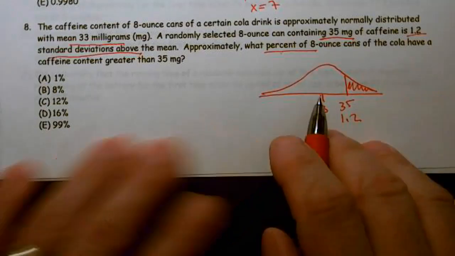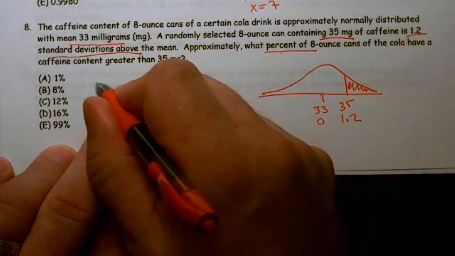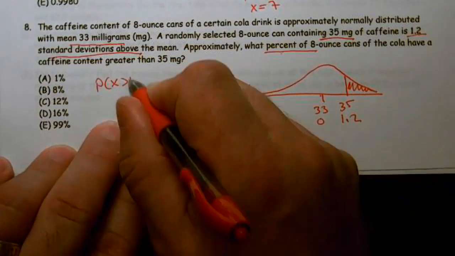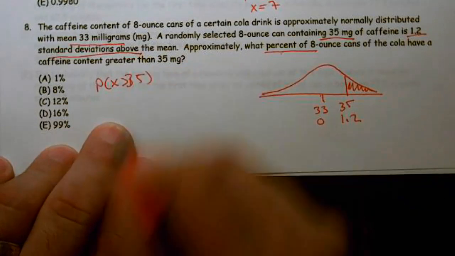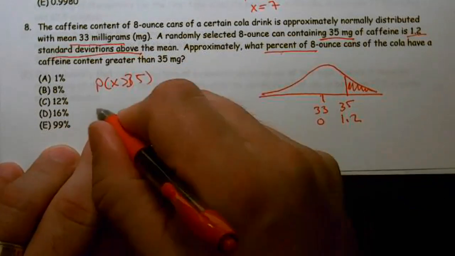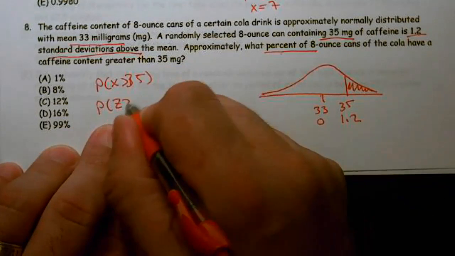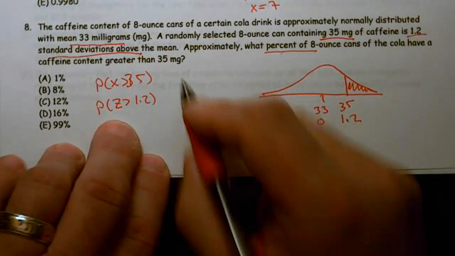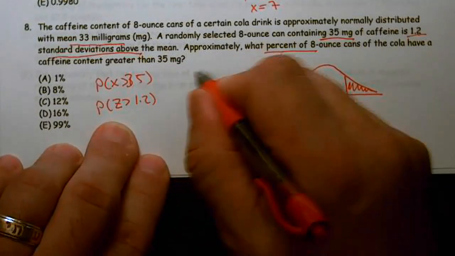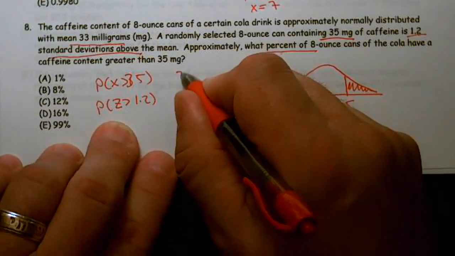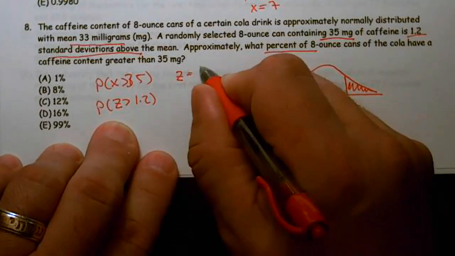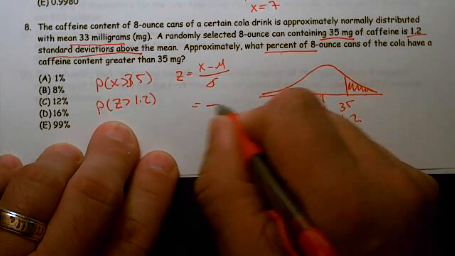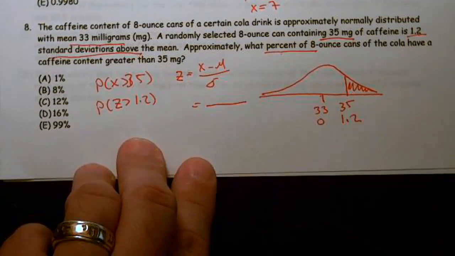So really what I'm looking for is the probability that x is greater than 35. And I could also be looking for the probability that z is greater than 1.2. Well, with the x, I write down z equals x minus mu over sigma, and I start plugging in, and I notice what I don't have.